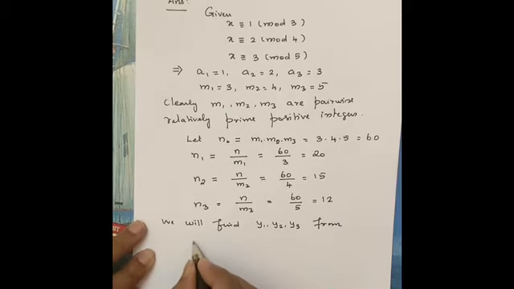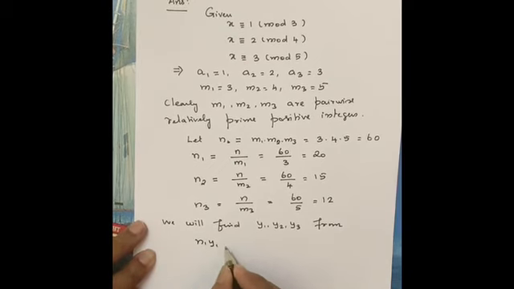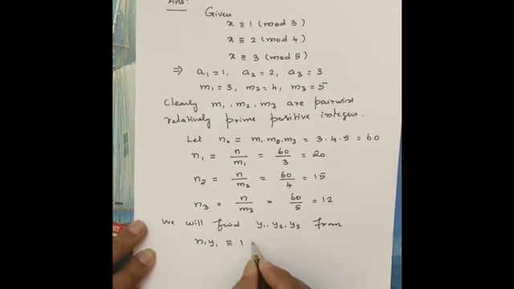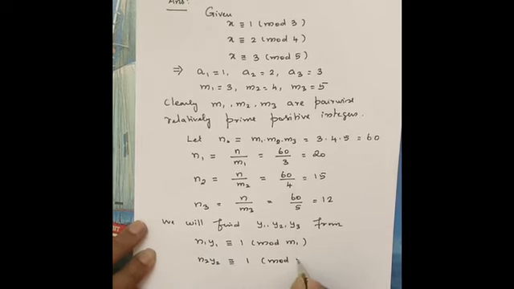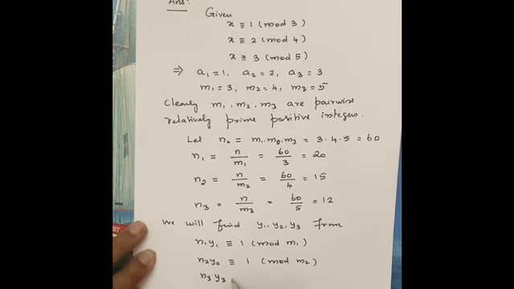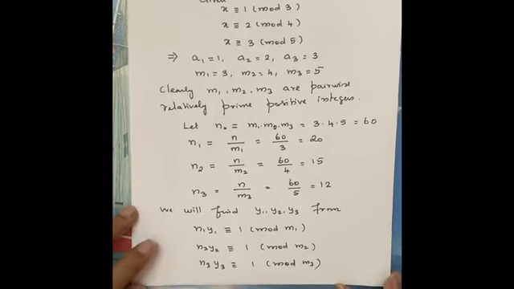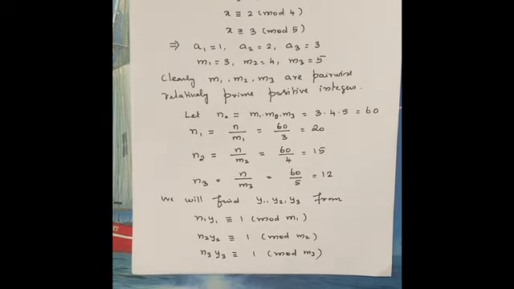What are the congruences? n1 y1 congruent to 1 modulo m1. n2 y2 congruent to 1 modulo m2. n3 y3 congruent to 1 modulo m3. So from these three congruences, we are finding the values y1, y2, y3.